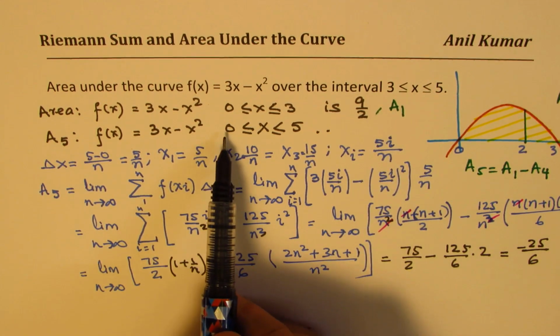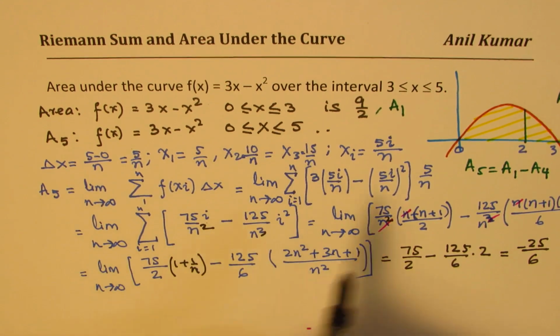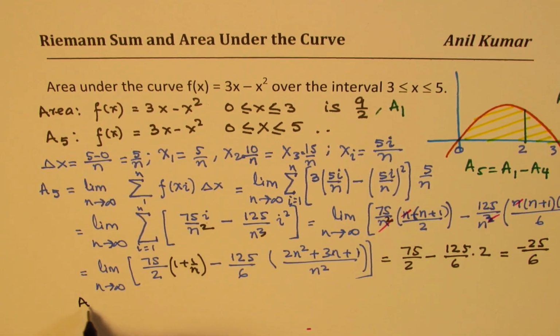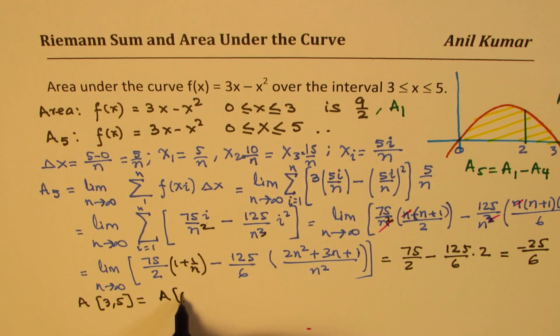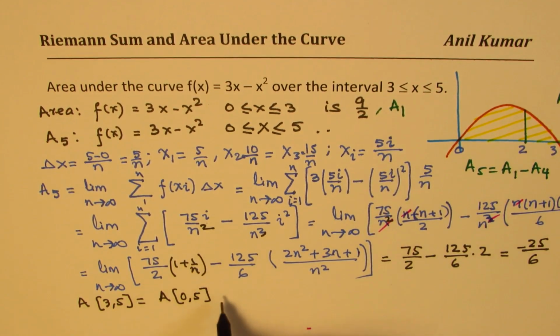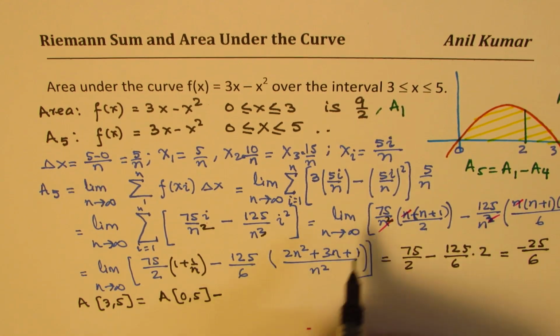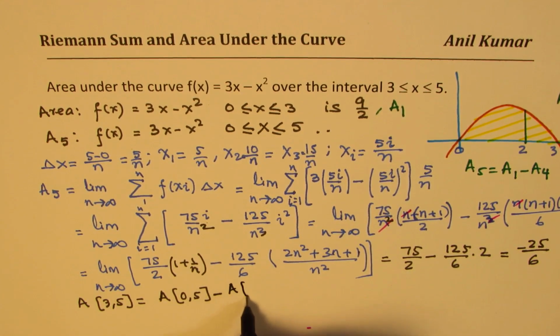So that's the area from 0 to 5, correct? So the area from 3 to 5 should be how much? The area from 0 to 5, the total area minus the area from 0 to 3, correct?